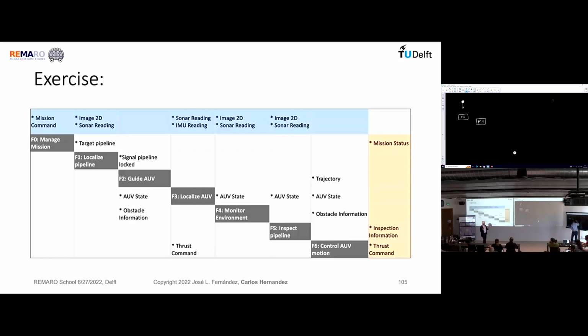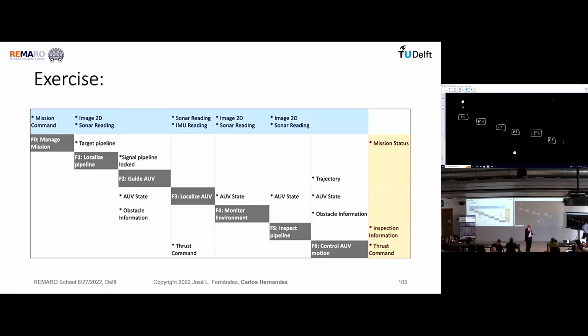What is the first function in the diagonal that you put here? The first. What is the criteria? The criteria is select a function that has only inputs from the outside. If a function has input from another function, it cannot be the first one.